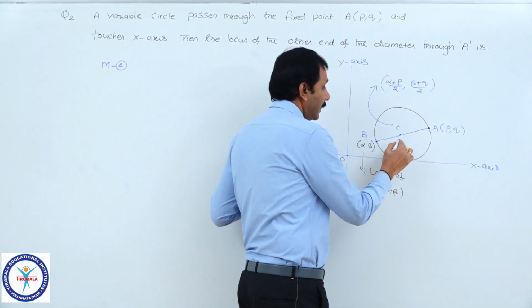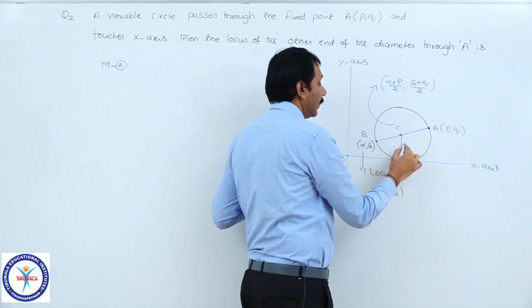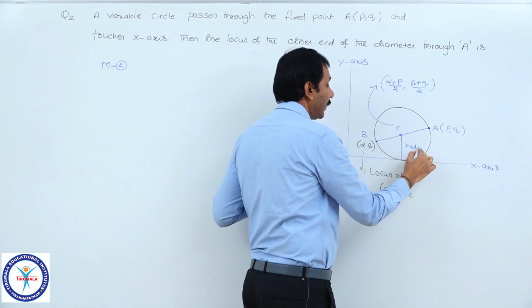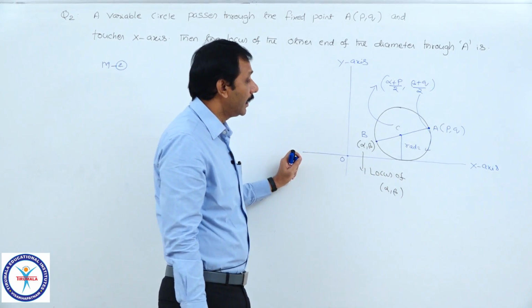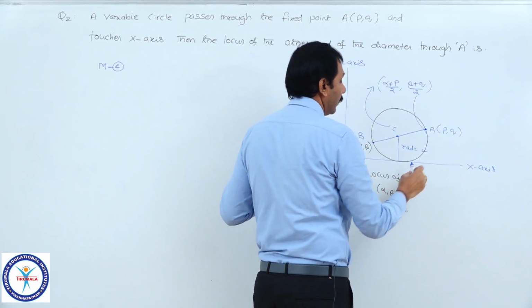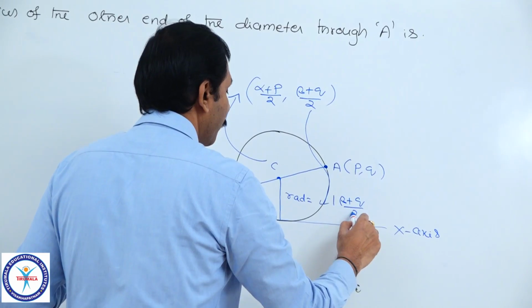Because it touches the x-axis, we know that when the center is this one, the radius is nothing but the y coordinate of this point only. Radius is equal to the y coordinate. What can I write for the y coordinate? Mod of (beta plus q by 2).